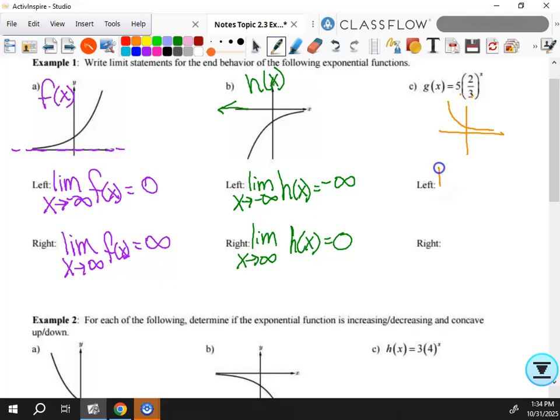And this would be the limit as x approaches negative infinity of g of x. What would that be? Infinity, good. And then the limit as x approaches infinity of g of x, that will equal what? 0. Okay.